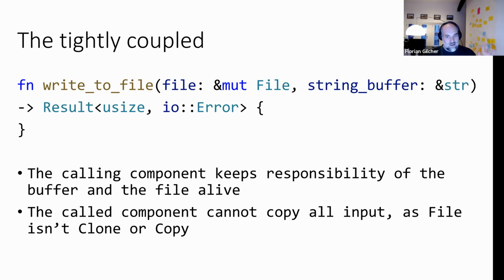That means more and more negotiation needs to happen between those. And particularly, files aren't Clone and Copy. So the second component is not even able to break this coupling, for example, at the cost of copying. This one still works. The second, problematic.